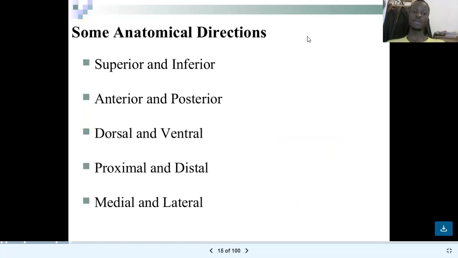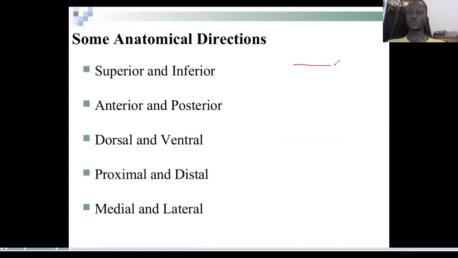Then some anatomical terminology. We have what we refer to as superior and inferior, right? If I'm to annotate this in any way, let's say this is the roof. This is the floor, right? This, let's say we have our body, to put it in a cartoon form, right?